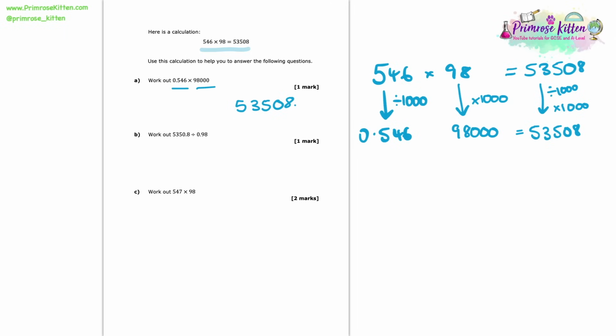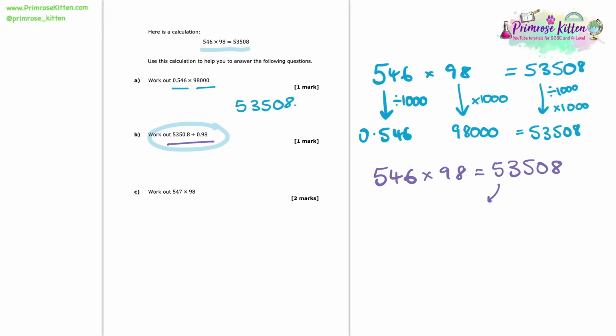So our next question is a little bit different, but let's still remember that 546 times by 98 is equal to 53,508. Now what we can see here is that what we've got here is similar. It's like a rearranged version.